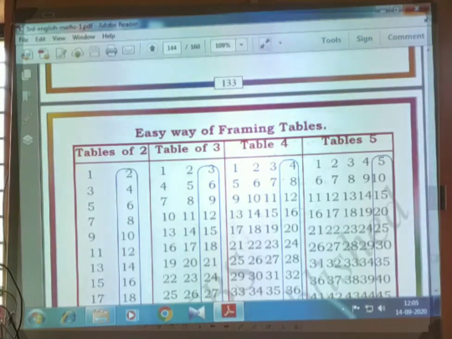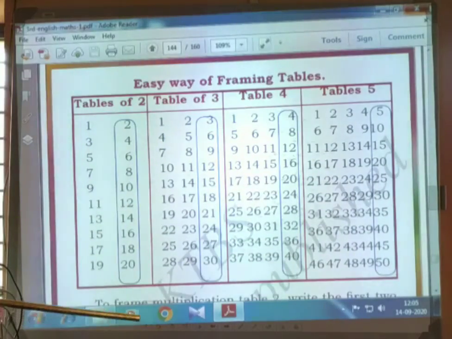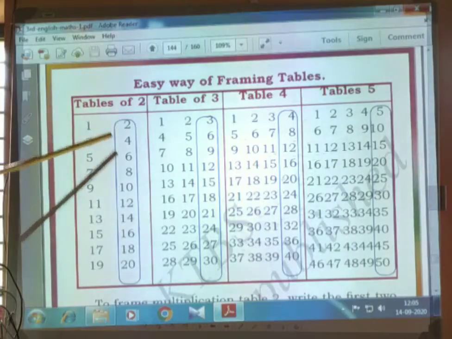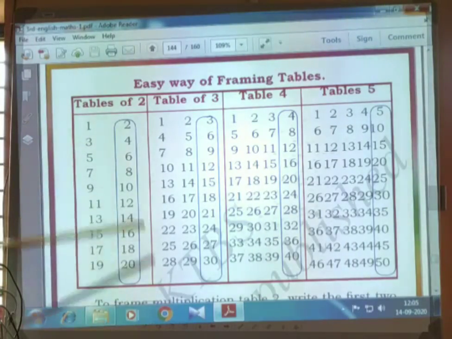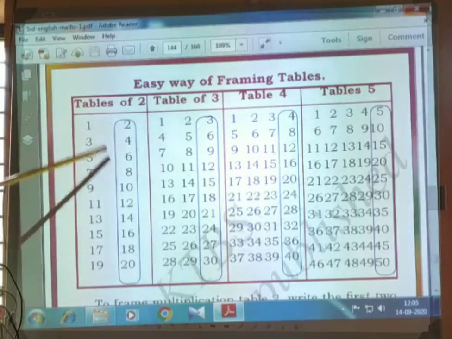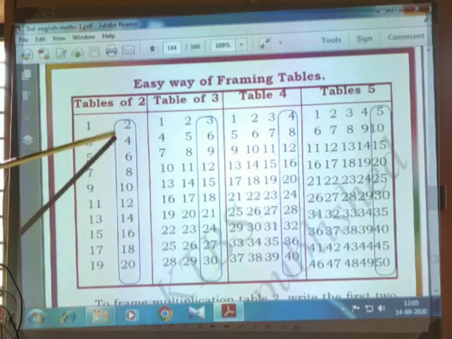Easy way of forming tables of 2. Okay, you have to write 1 to 10 like this. Okay, 1 2 3 4 5 6 7 8 9 10 11 12 13 14 15 16 17 18 19 20. All these even numbers are tables of 2.